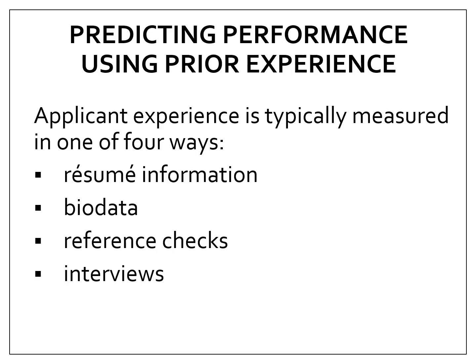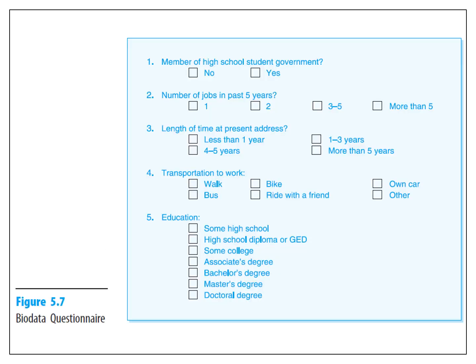These are the typical ways to assess prior experience: resume information, biodata, and reference checks. This technique also makes its way once again in our discussion of interviews, which have been detailed already in the previous lesson entitled Recruitment and Interviewing.